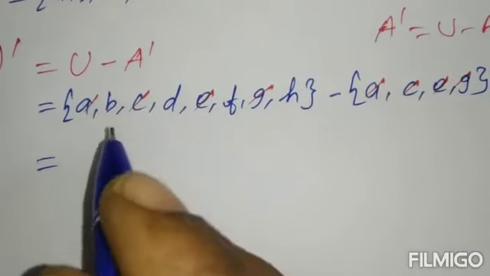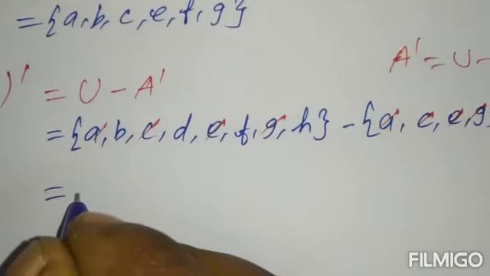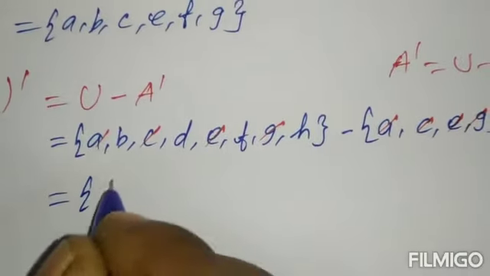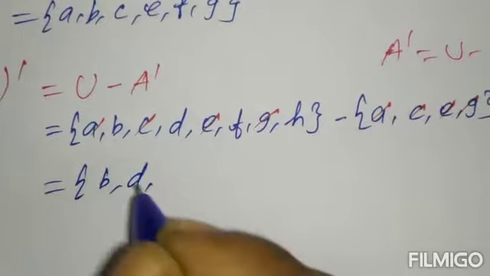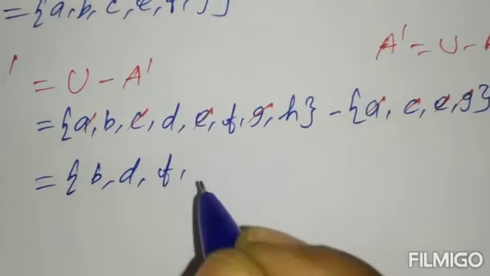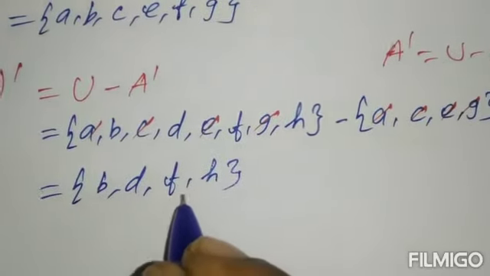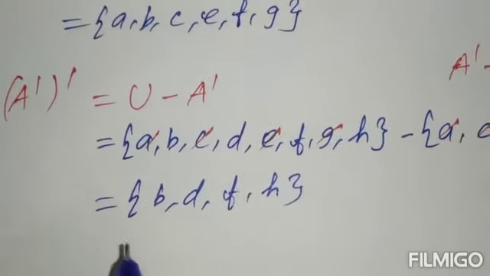What is remaining is B, D, F, H. So these are the elements of A complement the whole complement.